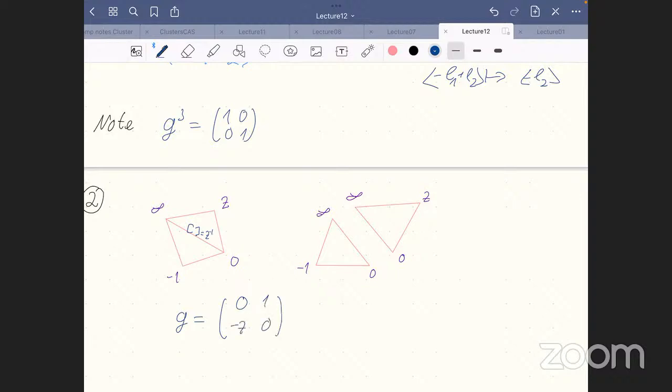So it maps E1 to E2, E2 to E1, and it maps minus E1 plus E2 to E1 plus E2.